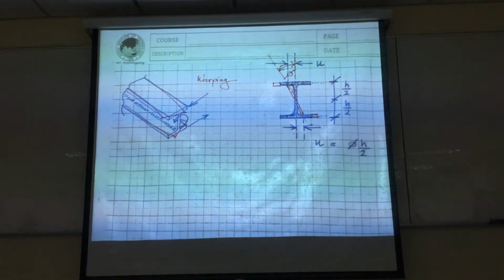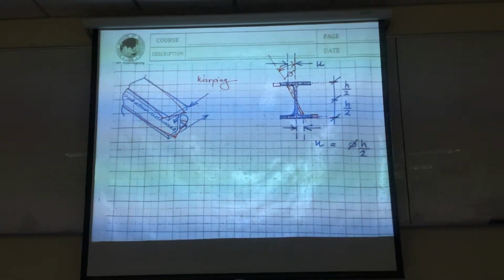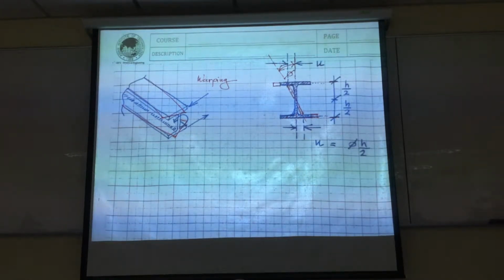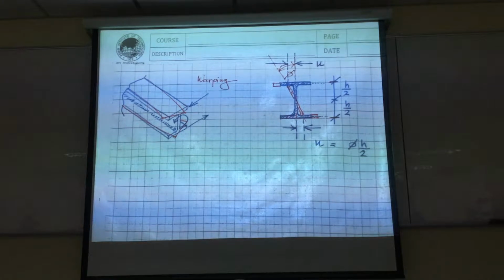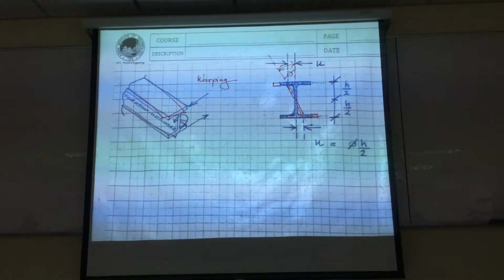Alright? This is a beam. Support here, the load apply this direction. You apply load, you get this deformed shape. This shear is mainly carried by the web. But the shear we are talking about is a shear when you have warping. So warping is coming with the lateral torsional buckling.